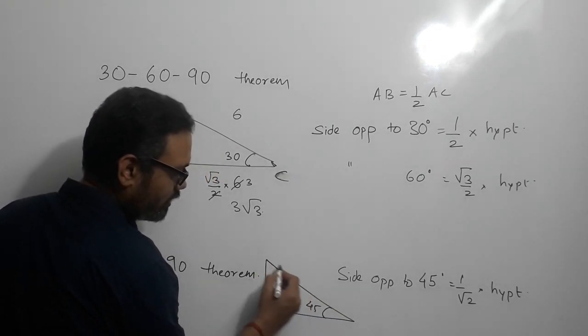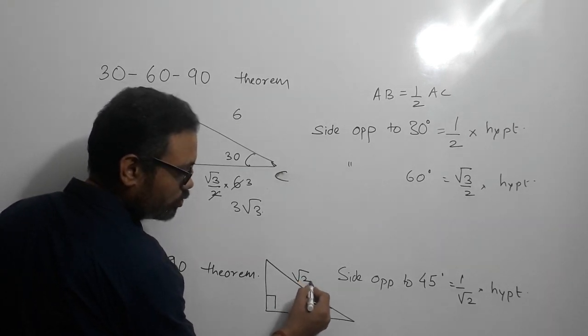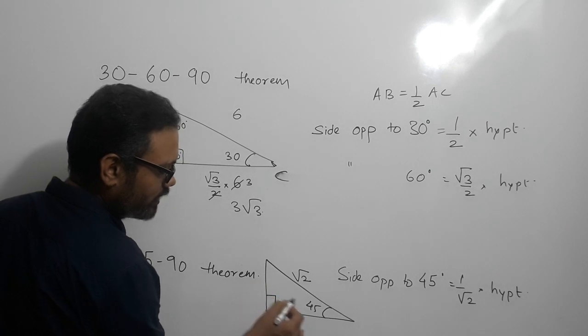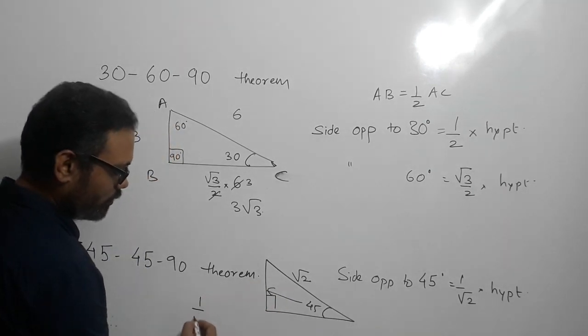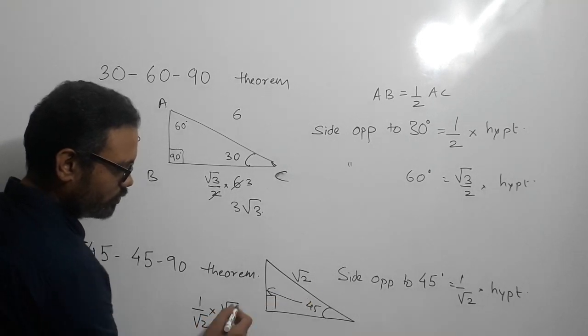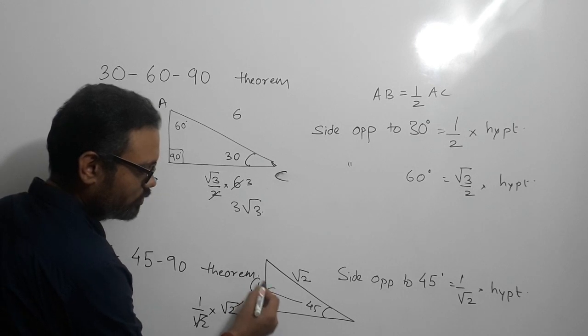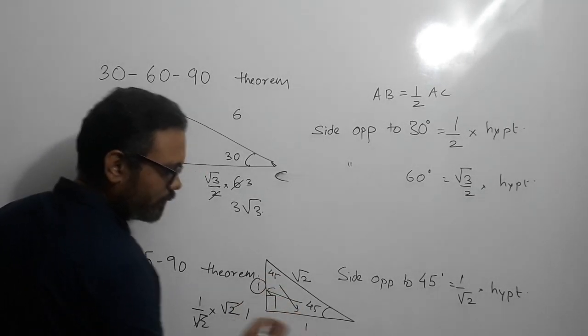Let's say the hypotenuse is given as root 2. What will be the value of this side? This is nothing but the side opposite to 45 degrees, which is 1 upon root 2 into the hypotenuse, which is given as root 2. So the answer is 1. So this side becomes 1. Similarly, this is also 45, this is also 1.